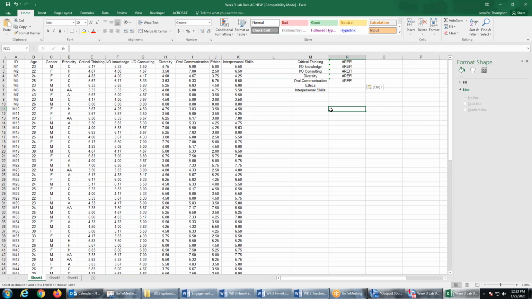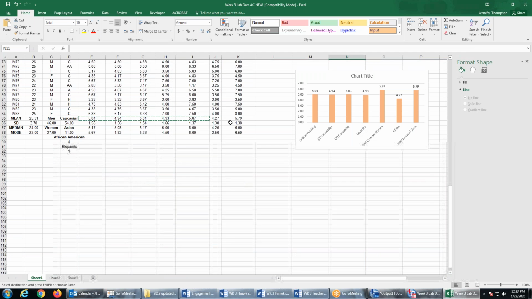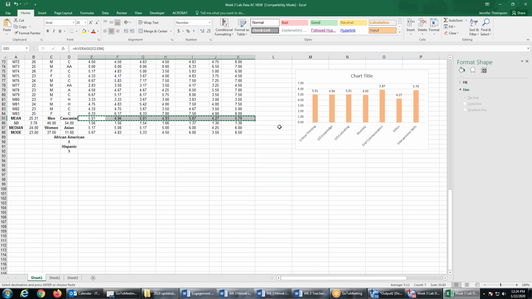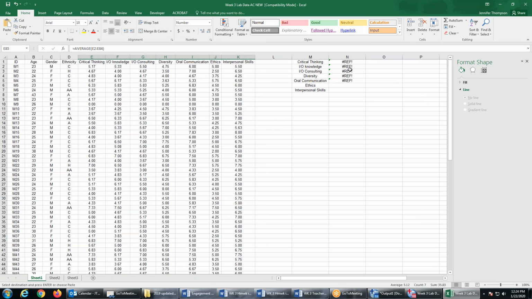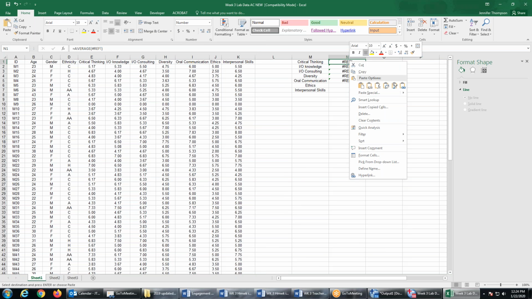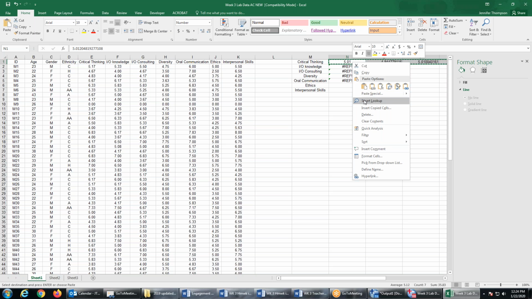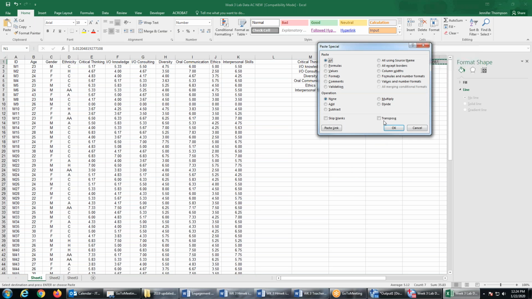That somehow didn't work. Oh, let's see. I think I'm going to copy it. You may have to paste values. That might be a better one. Yeah, that's what I'm thinking. Paste values and then copy and then transpose.